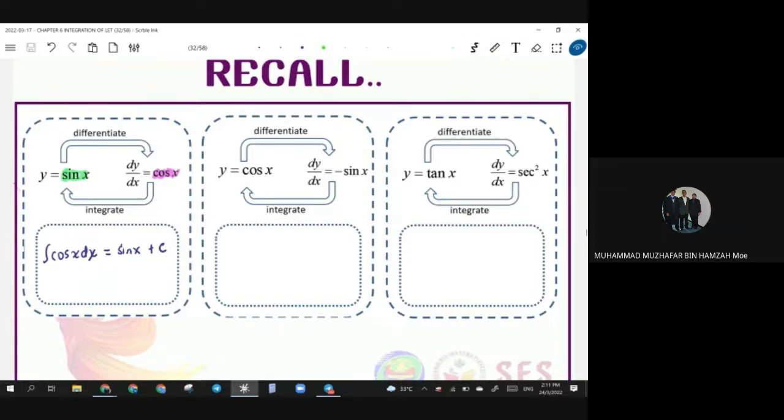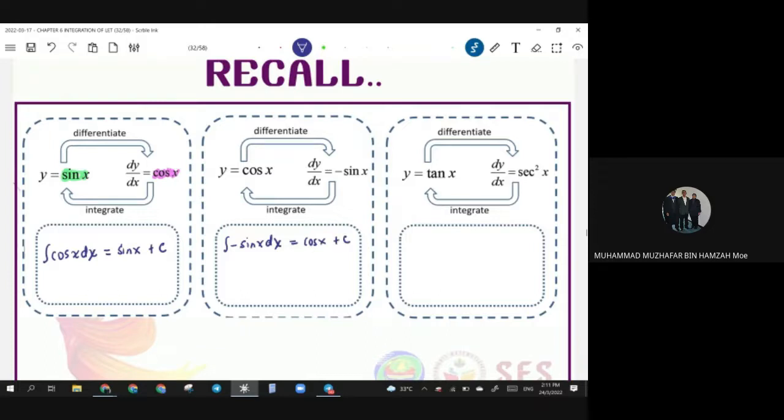So let's move to the cos x pula. Suppose when we differentiate cos x, we will obtain negative sine. Which means when we integrate negative sine, we should get cos x, just by using the concept of reverse process. So if I write here the integration of negative sine x dx, we should get cos x plus c.